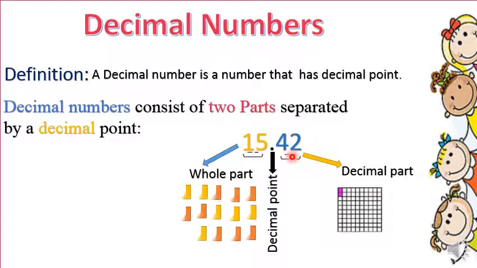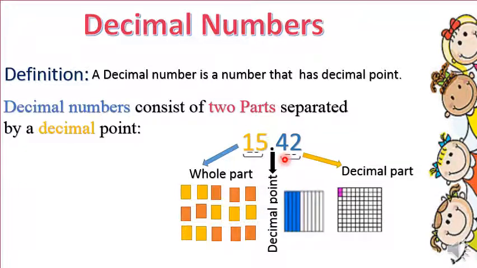If we want to represent the whole parts by a figure, as you can see, the whole part represents a big amount, a whole quantity, while the decimal parts represent the parts of a whole. So the decimal part is a small quantity. The decimal part is less than one whole.